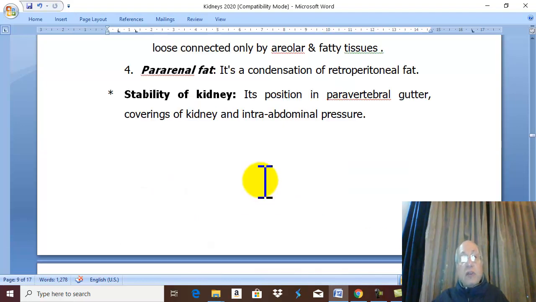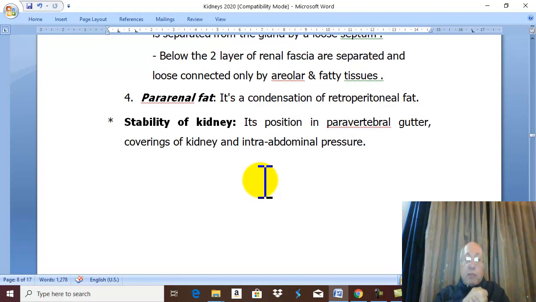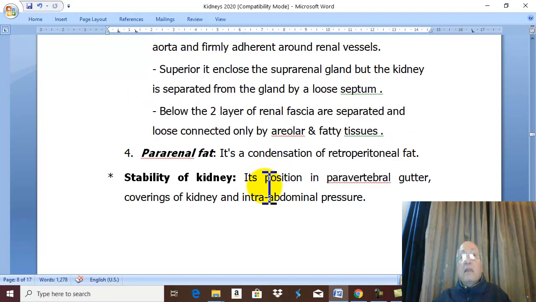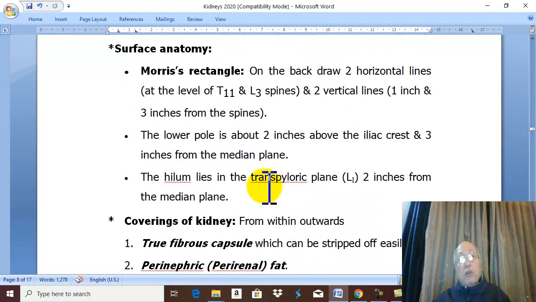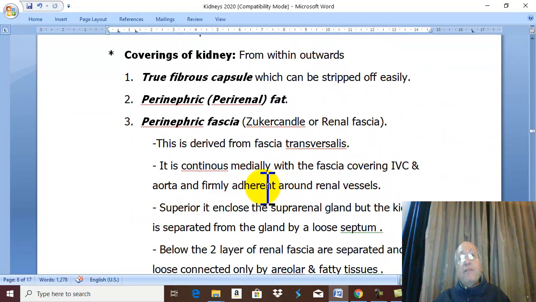Therefore, in the iliac fossa, the kidney is supported, there is no traction on the renal vessels, and the urinary bladder is very near the anastomosis. So in transplanted kidney, the kidney is put in the iliac fossa.